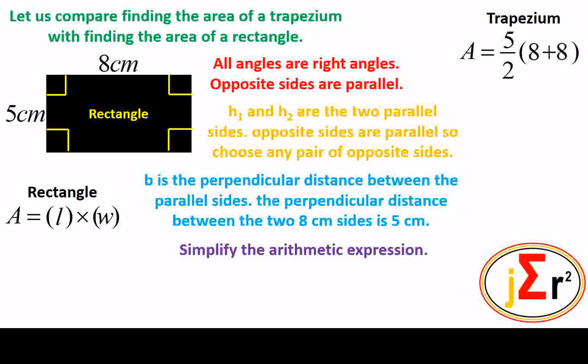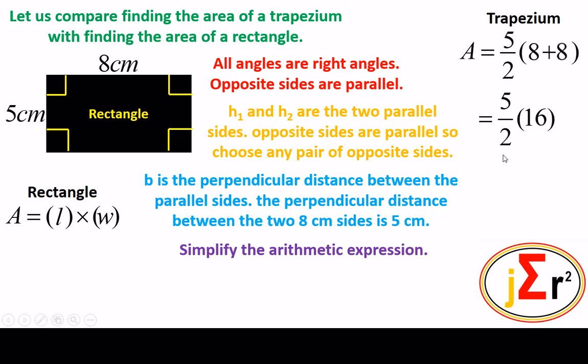Simplify the arithmetic expression. That is what we need to do. And we will begin with the two numbers in the brackets. 8 plus 8, that's 16. And we will retain the 5 over 2. Then we will simplify by a common factor of 2. 2 into 2 is 1, and 2 into 16 is 8.